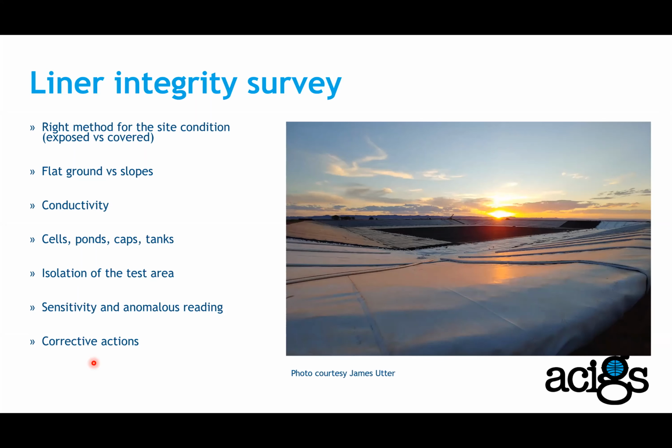We need to think about if it's a landfill cell, for example, if it's a leachate pond, a coal seam gas water pond, a brine pond, a cap, or even a tank. And depending on each of these applications, we can think about the best method to do a liner integrity survey. Isolation of the test area, sensitivity and the readings, anomalous readings, and also corrective actions. These are the other factors to consider when we are considering liner integrity surveys.